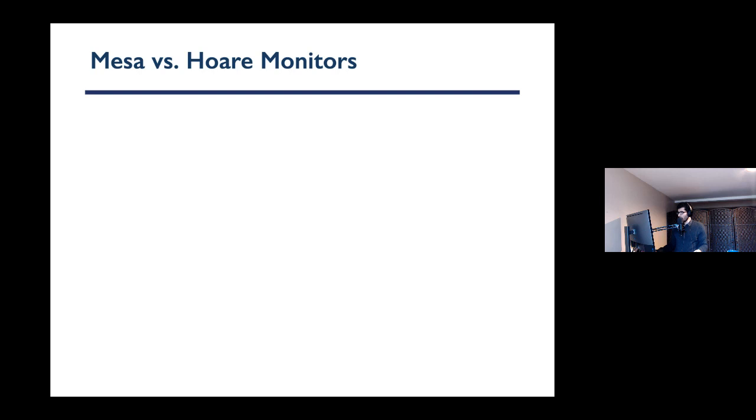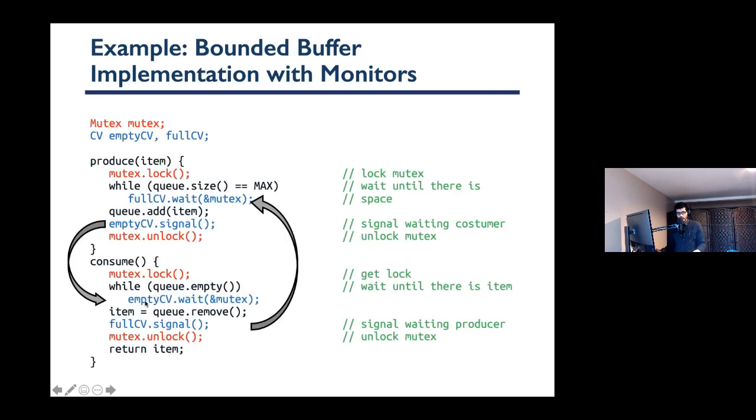So if the lock is in use, would the wait be in line for the lock right after it unlocks? No, because the lock, sorry, the mutex, has its own wait queue. So this CV has its own wait list, which you put threads into. This mutex also has its own wait queue.